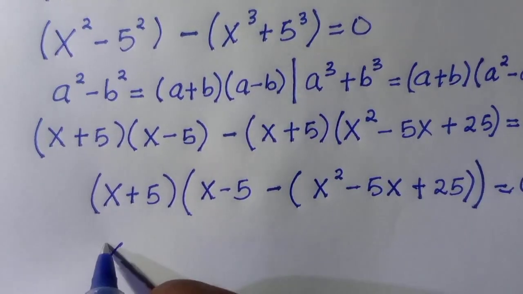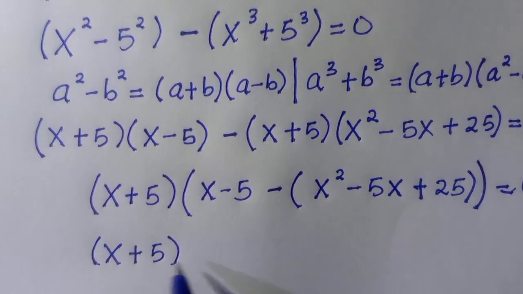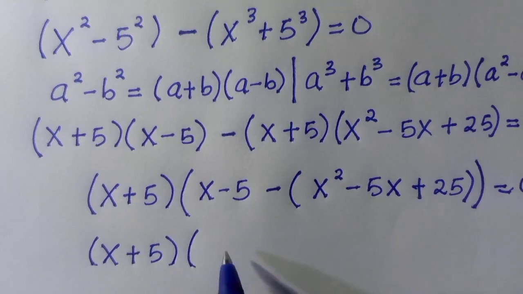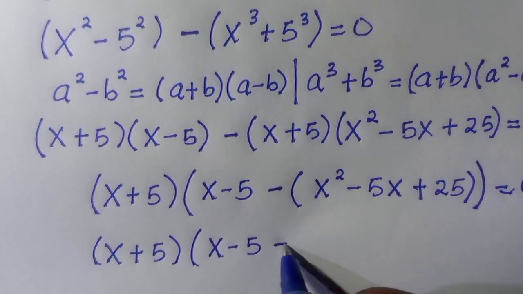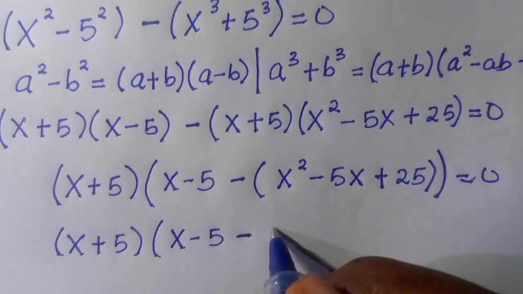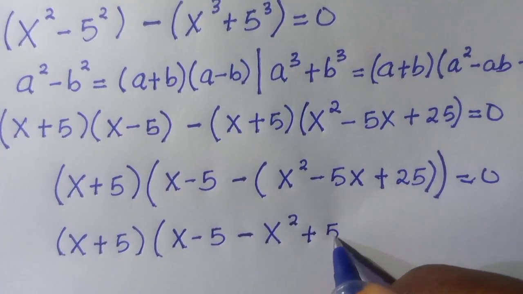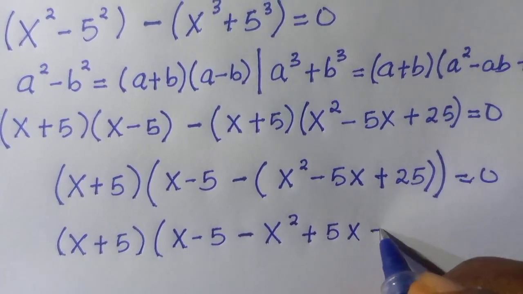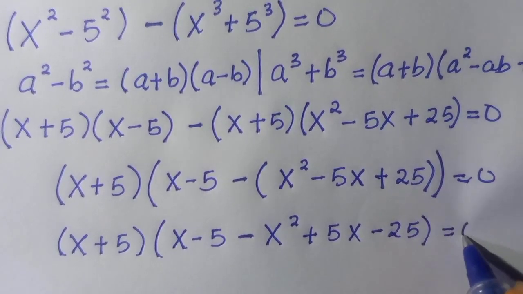So here is x plus 5 open bracket x minus 5 minus, by opening this with negative, here is x squared plus 5x minus 25 equals 0.